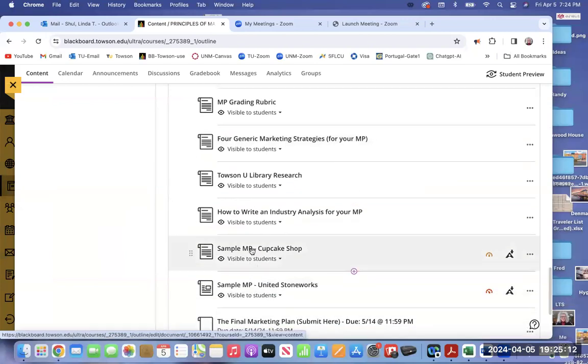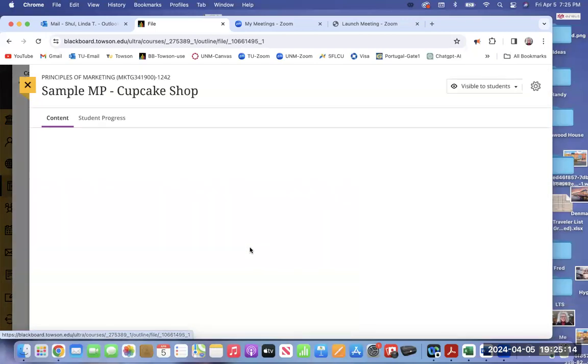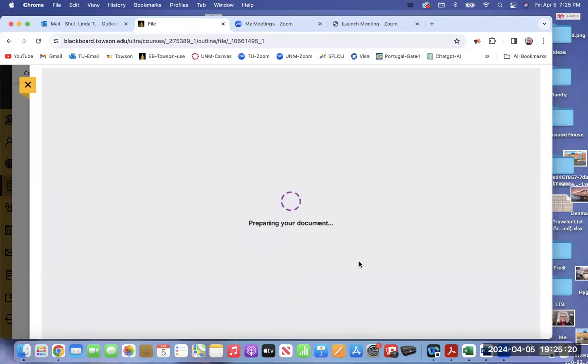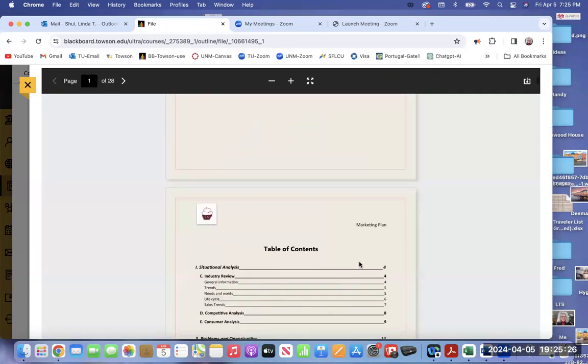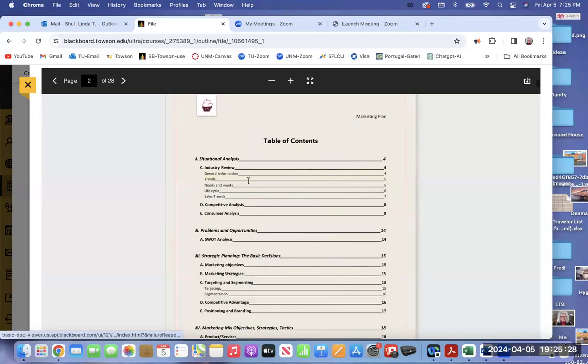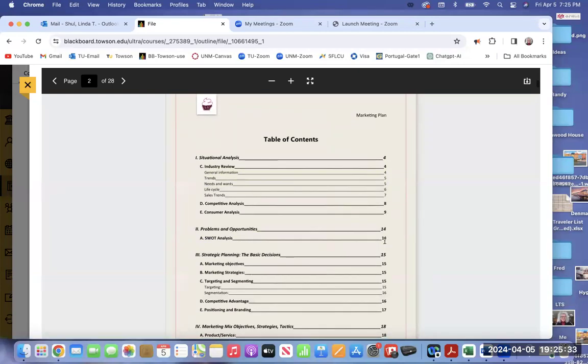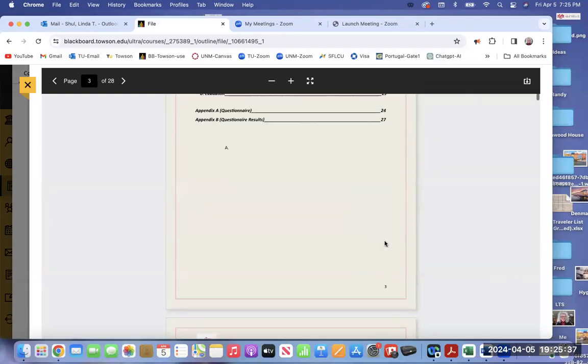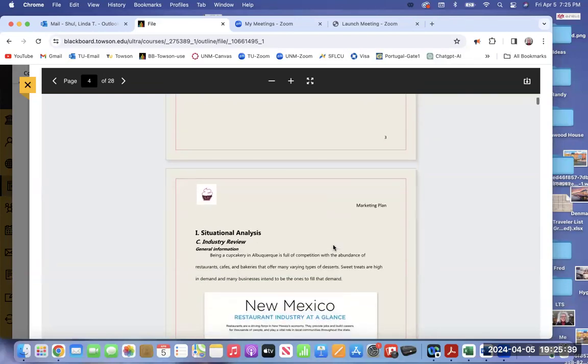And so the last thing I'm going to show you is this cupcake example. I would have this up on the screen when you're writing yours, one of these 2, so you can see what it looks like. So the table of contents has the page numbers on it. You can see it's pretty long, 27 pages.